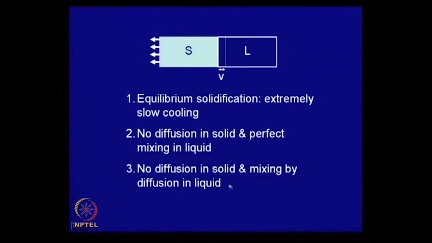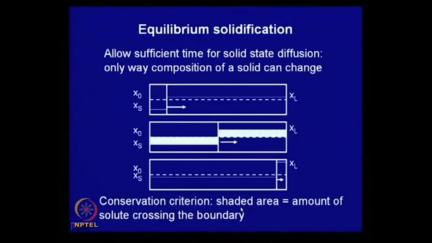And in a third case, we assume there is no diffusion in the solid, but in the liquid there is not perfect mixing; this mixing takes place by diffusion. So, let us look at these three cases one after the other.